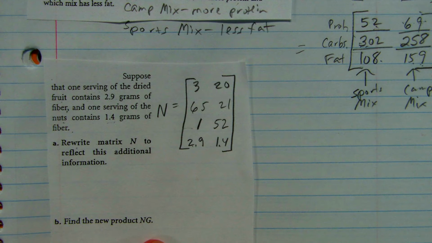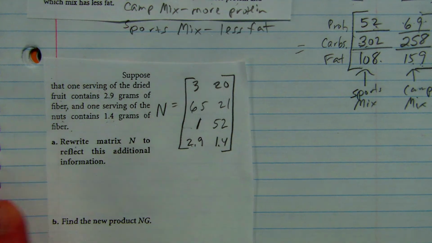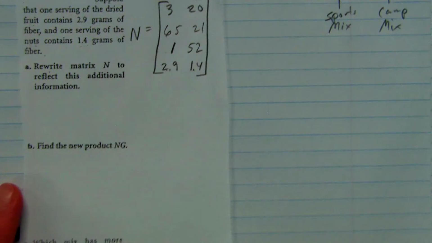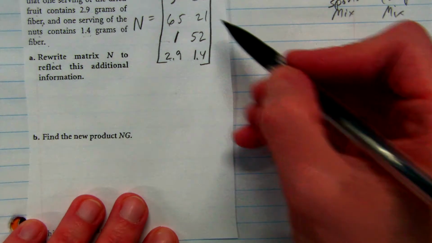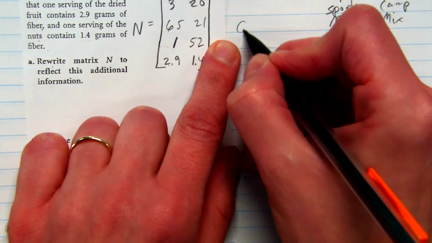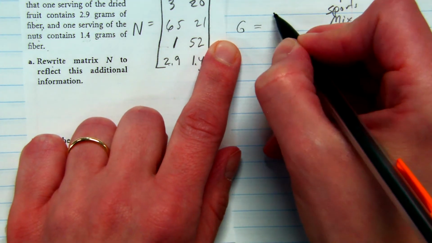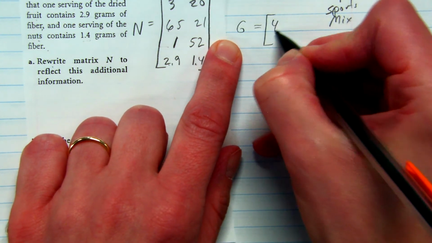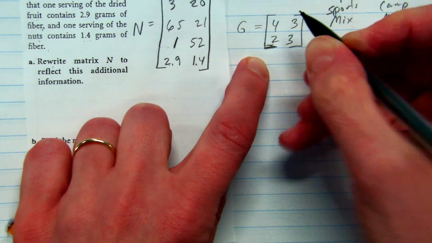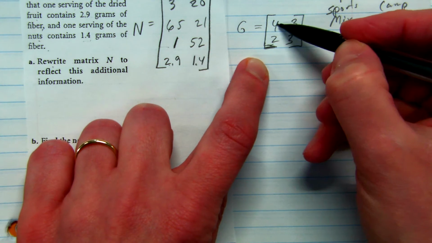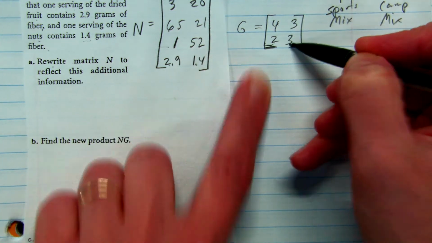And then it says find the new product NG. Now we've done most of the work already, so we're not going to redo that. We're just going to copy a bunch of it down. So this is N. I'm just going to write G again so I can have it all on the screen. So G was still 4, 3, and 2, 3. And this was the servings of dried fruit and nuts for both types.